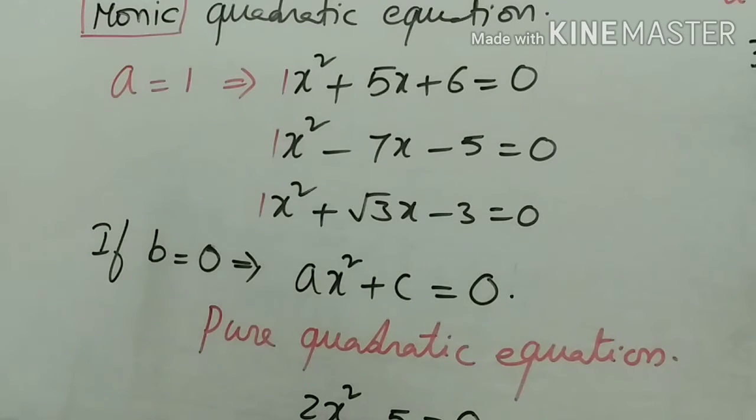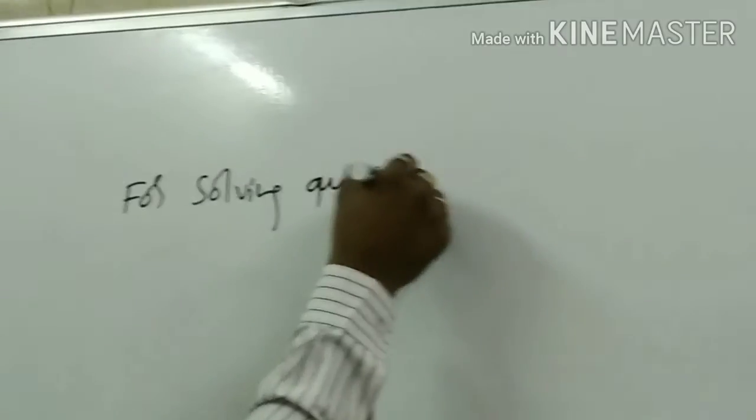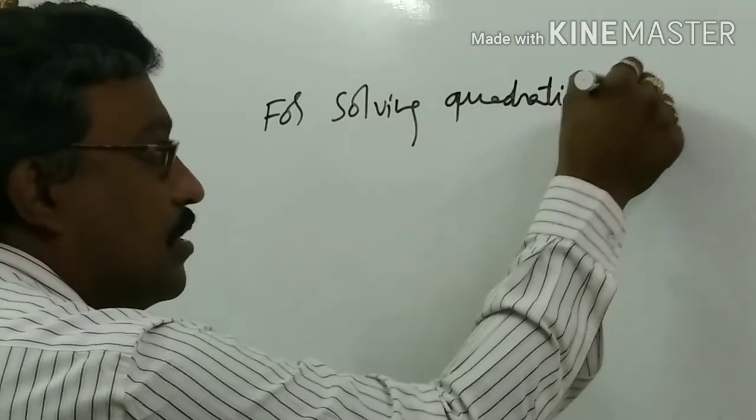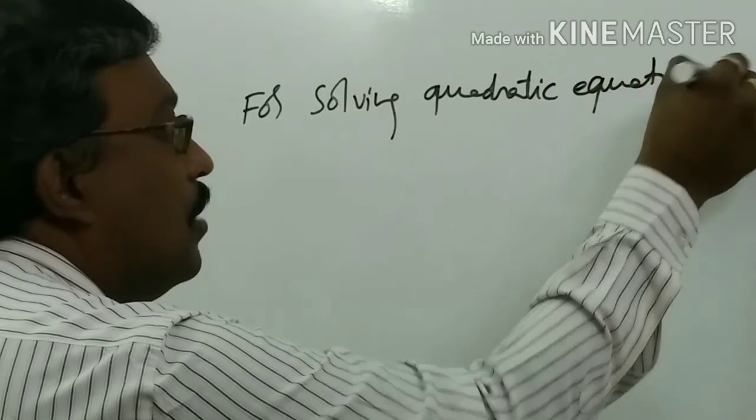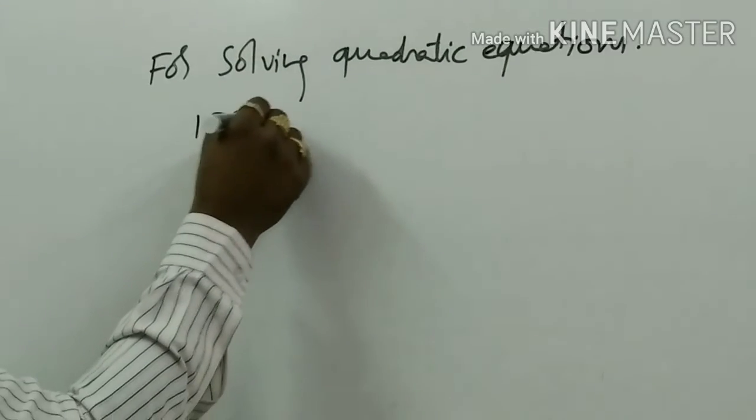There are methods to solve quadratic equations. Now we'll discuss the methods for solving quadratic equations. We have three methods. The first one is the factorization method.